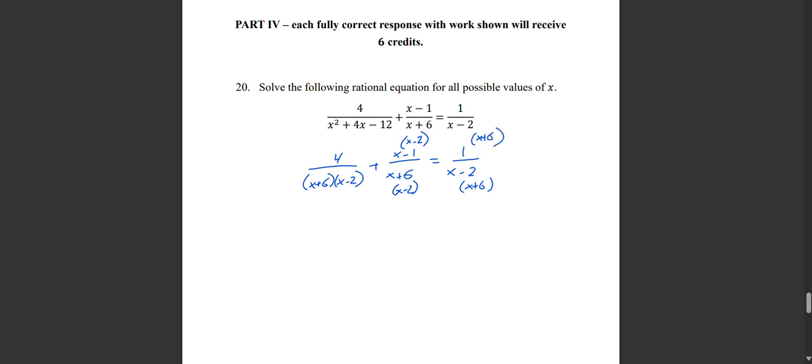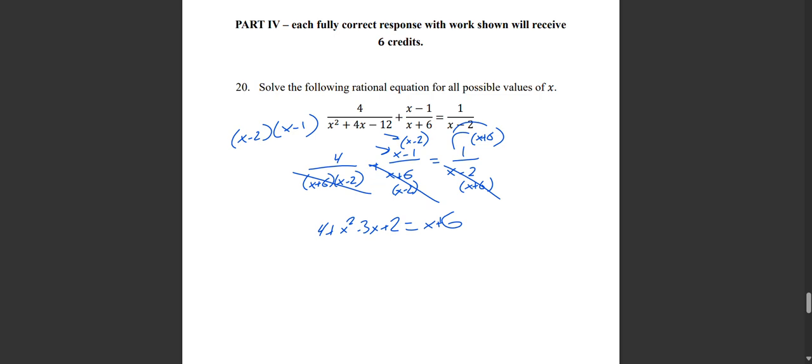Once I have common denominators, I can cross off all denominators and solve for the numerators. So we have 4 plus these guys multiplied together. So that'll be x squared, let's see, minus 2x, x squared minus 2x minus 1x, so minus 3x plus 2 equals easiest distribution of your life.